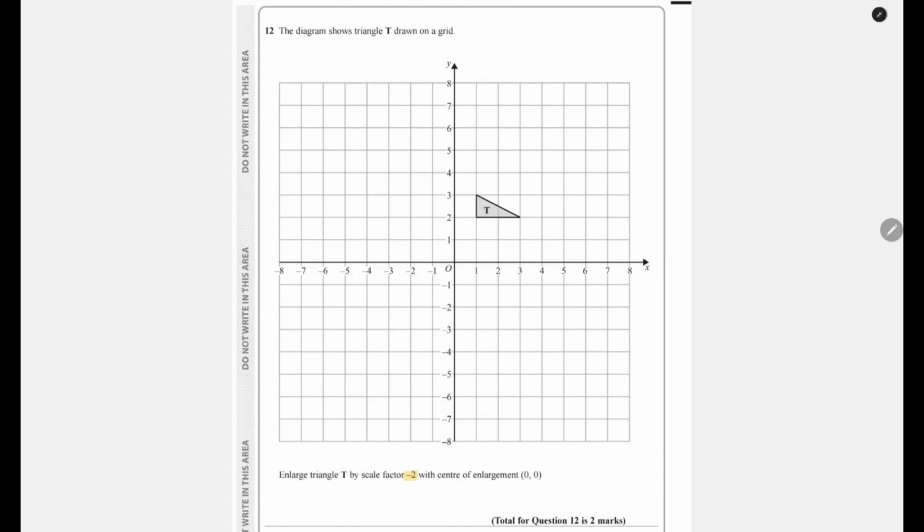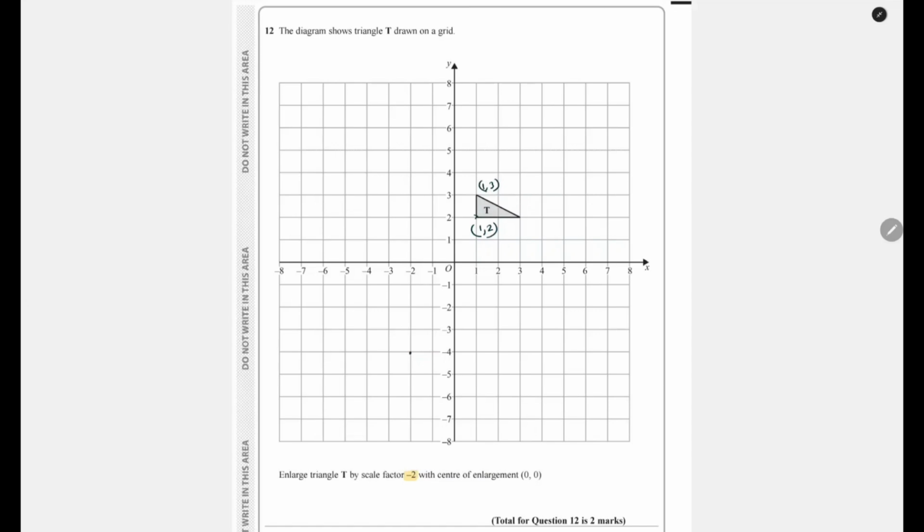So let's start off with this point here, which is 1, 2. And so we'll enlarge it in the opposite quadrant. It will be 1, 2 on the left. So -2, -4. So that point there. This point here is 1, 3.